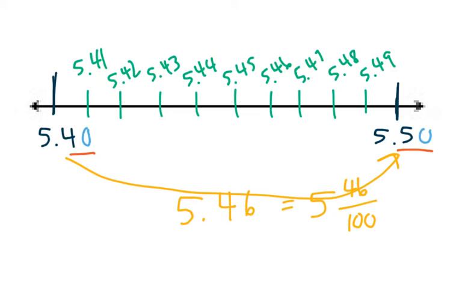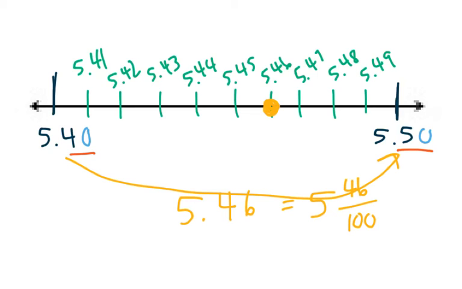So I wanted to find the spot 5 and 46/100ths would be right here. A good strategy whenever you have a number line is to label each part, each little tick, so you know exactly where your spot should be.